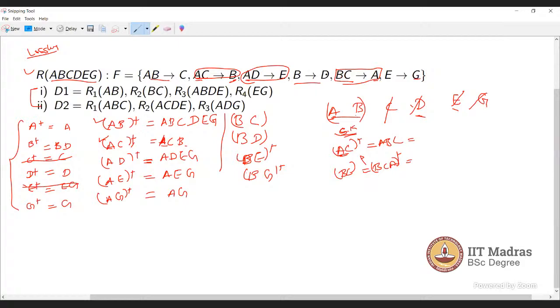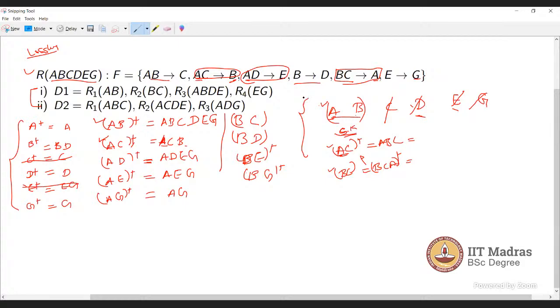Then D, there must be A and B also, right? Yes, sir. This is the shortest trick to find candidate keys, because going with all the combinations is very hectic. We will miss some. Based on the same concept, we derived that trick: if the attribute is not present on the right hand side, it must be a part of the candidate key, right?